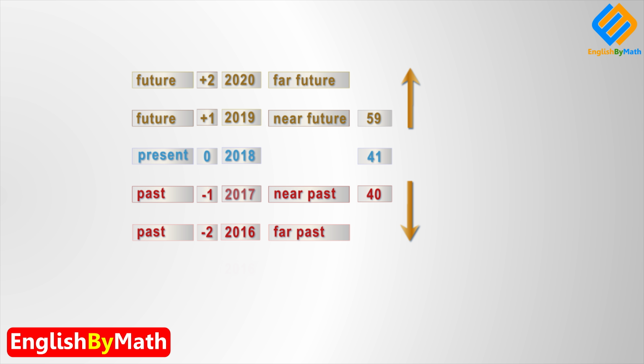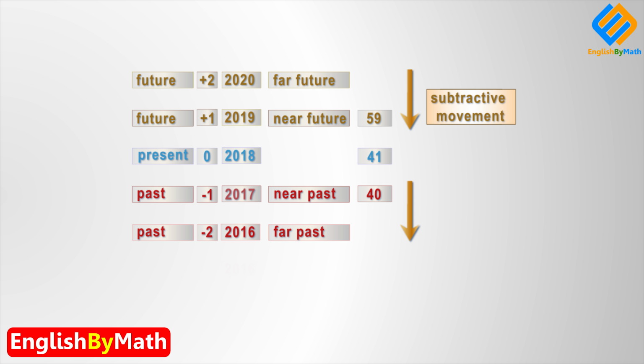There is movement in the future and movement in the past, because the future and the past are made up of more than one value, or a range of values. So we have plus 1, plus 2, plus 3, plus 4, etc. And we also have minus 1, minus 2, minus 3, minus 4, etc. Movement in the future is subtractive, that is, it decreases in value.